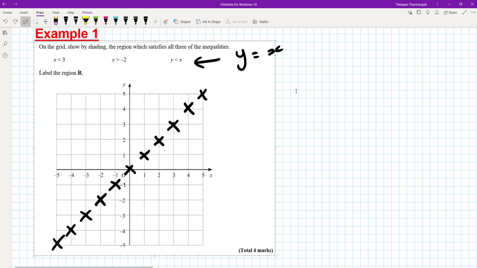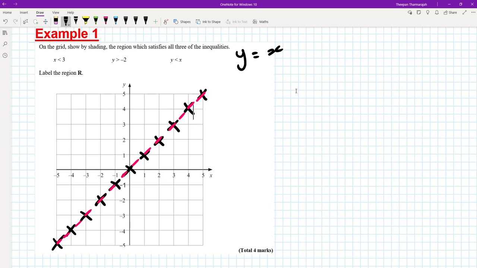Because it's strictly less than, I'm going to use a dotted line for this question. Now I can label this line as y equals x, because that's what it is.